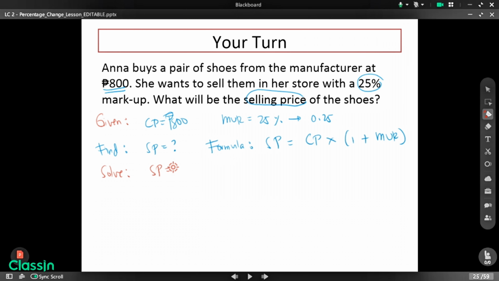So SP is equal to 800 times 1 plus 0.25, and then 800 pesos times 1.25.